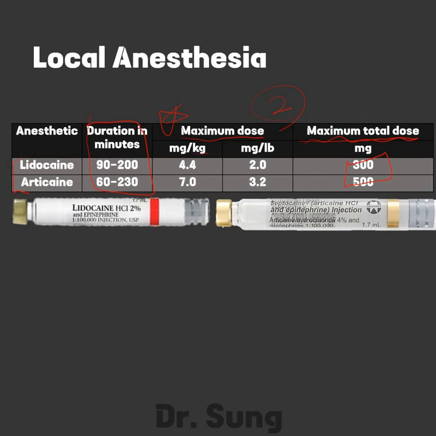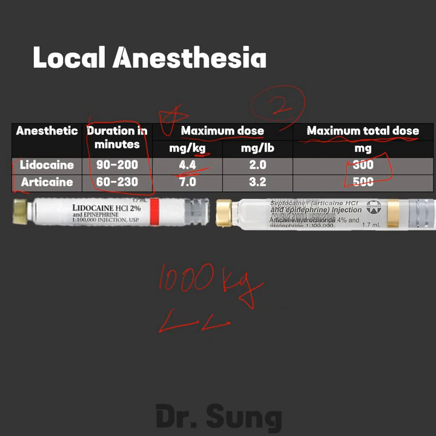So if there is a 1000 kilogram person, then the milligram will be 400. Wait, okay, even though I'm not that smart, I can calculate this much. So it'll be like this, right? Milligram per kilogram, I'm going to remove the kilogram.